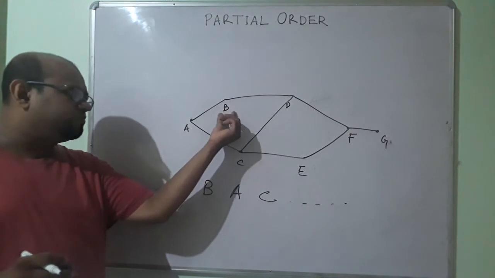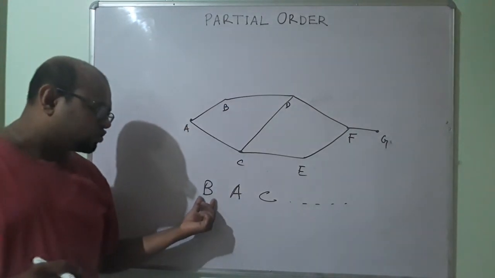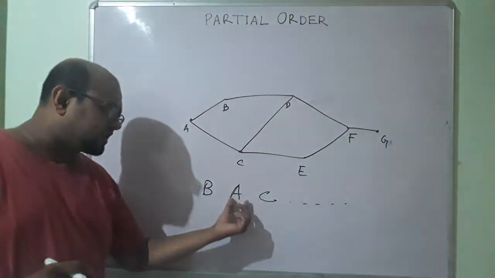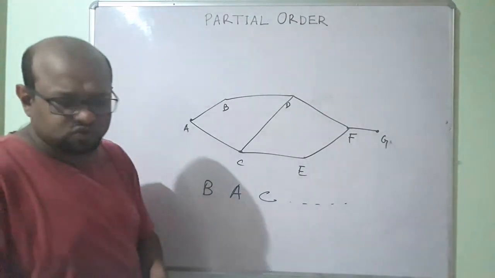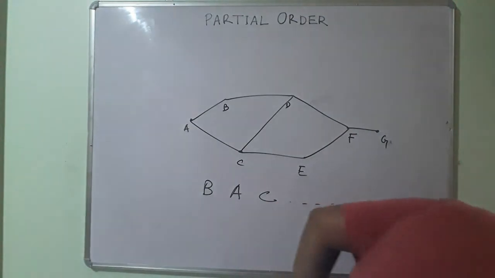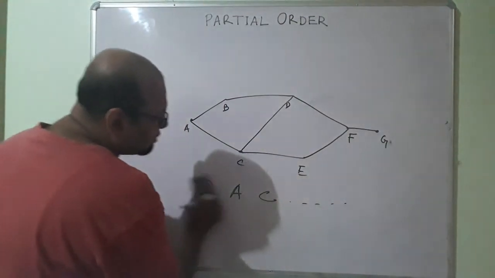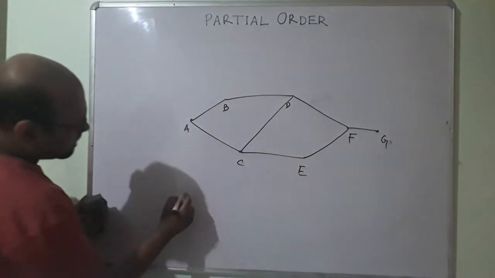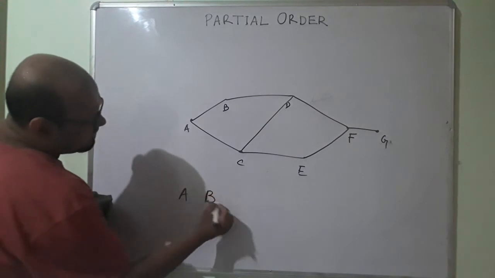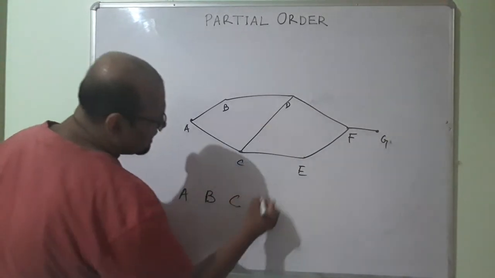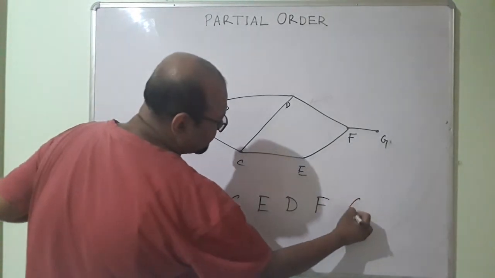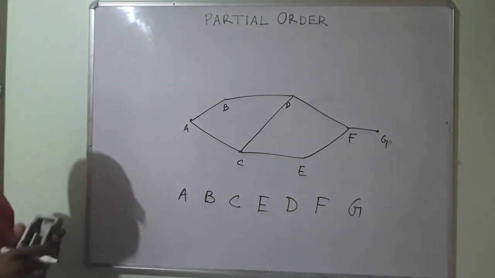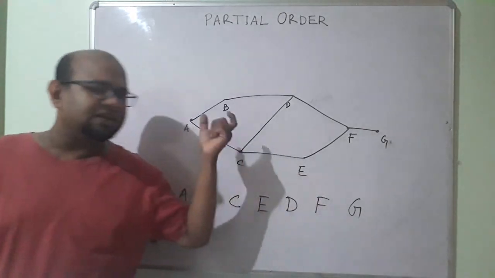Because in order to do B, first we have to do A. So I cannot do B first and then A. I have to do A first and then I can do the others, right? So one way to sort would be this: I will do A, then B, then C, then E maybe, then D, then F, then G, okay. So this is one valid way in which I can complete the tasks.